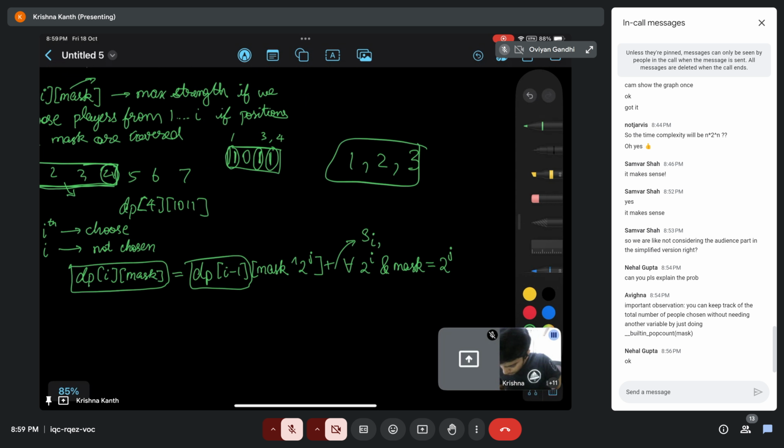He would contribute a strength to the team, that would be S[i][j]. So we are solving the problem for the previous i-1 players, such that that player is not there, and we're choosing him to add him for this current DP state. So he would contribute a strength of S[i][j].